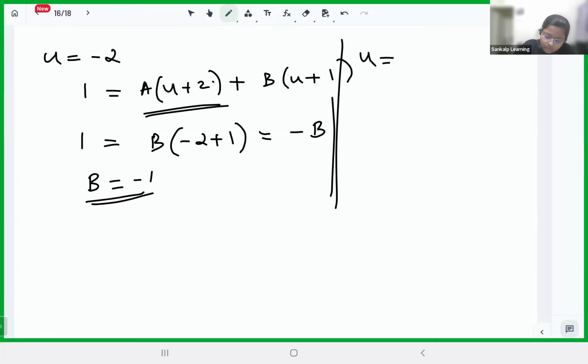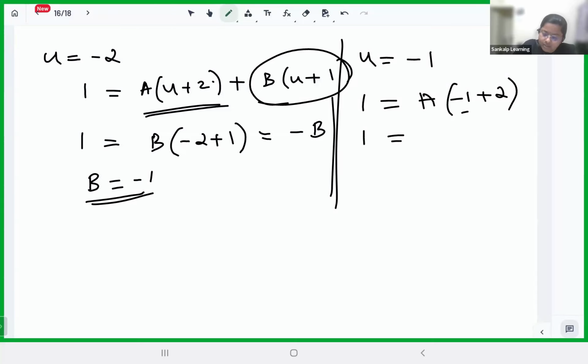Now you put u equal to minus 1. That means this term becomes 0, as minus 1 plus 1 is 0. So 1 is equal to a into minus 1 plus 2, and minus 1 plus 2 is 1. So a is equal to 1 and b equal to minus 1.